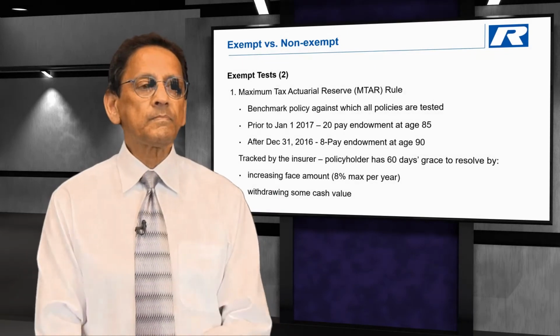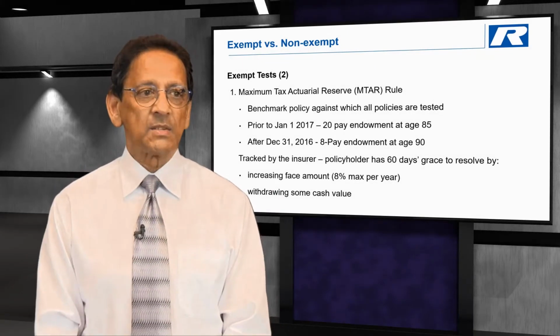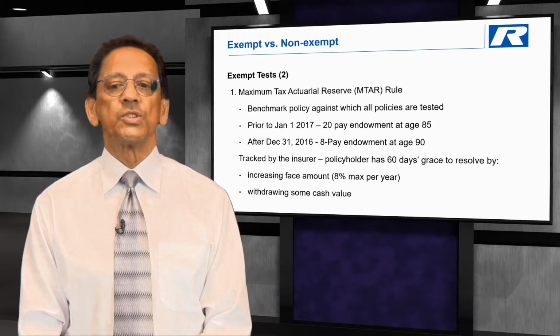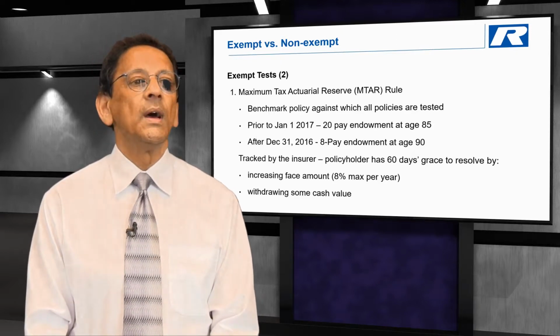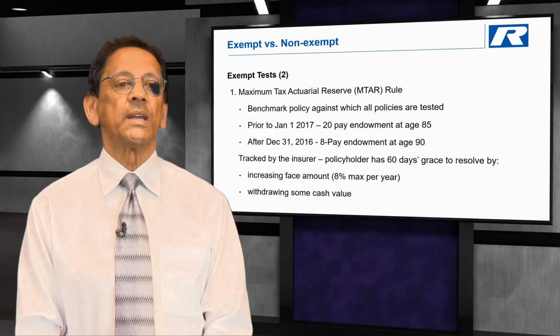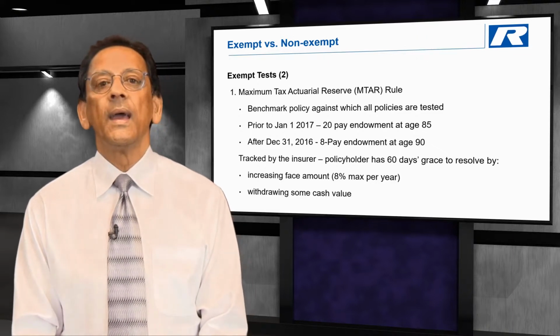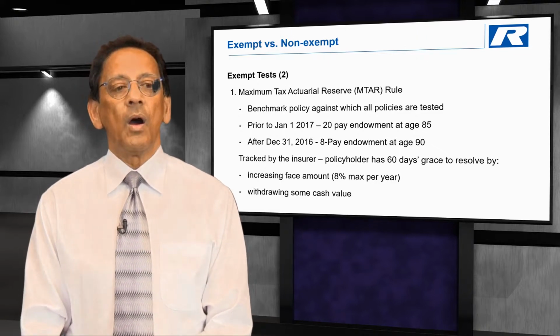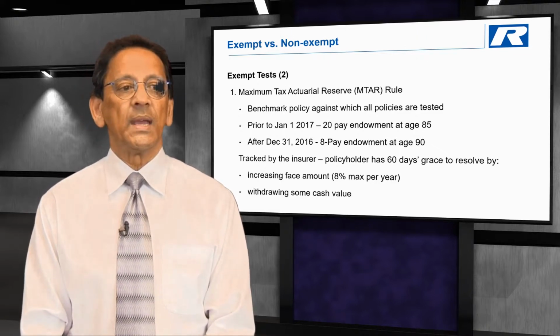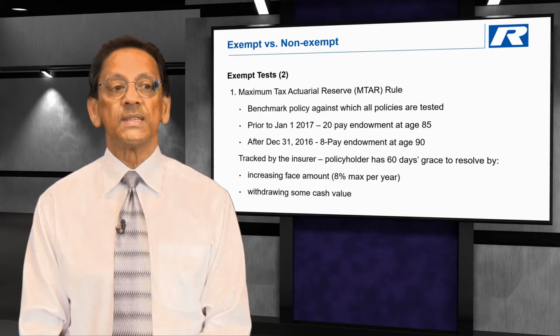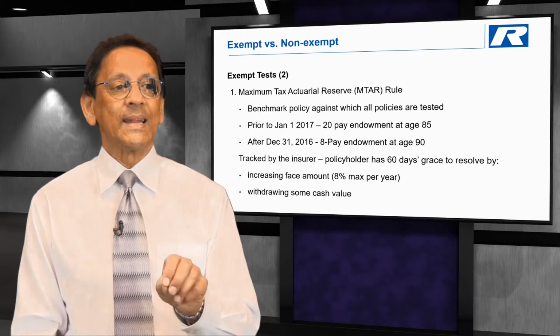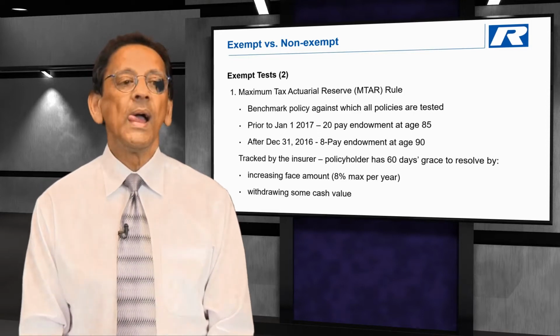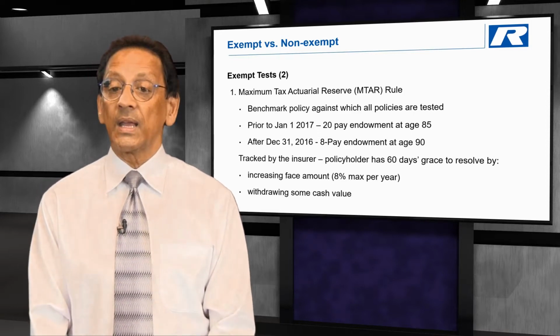So, as a review, maximum tax actuarial reserve line, which we just covered, it's that benchmark against which all policies are tested. And there were changes made on December 1st, 2016 as to how to calculate that tax reserve line. You don't need to know how to calculate it.